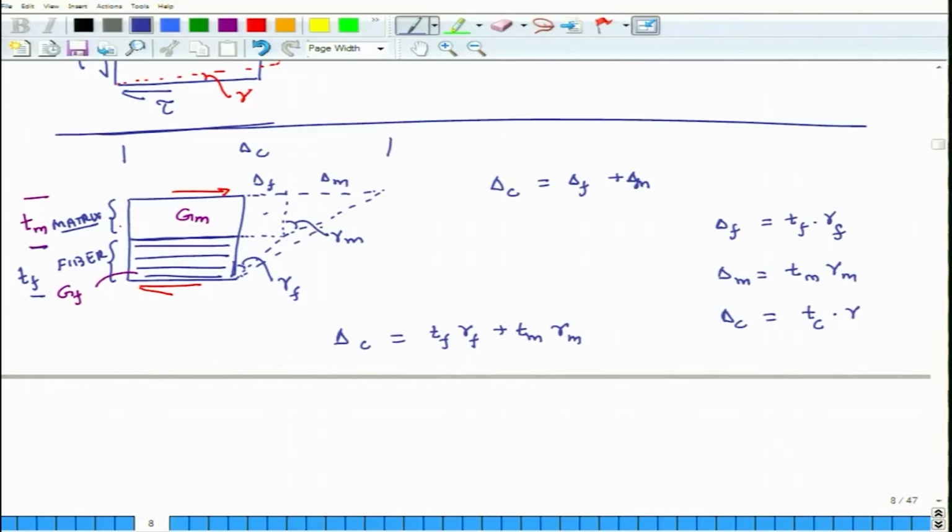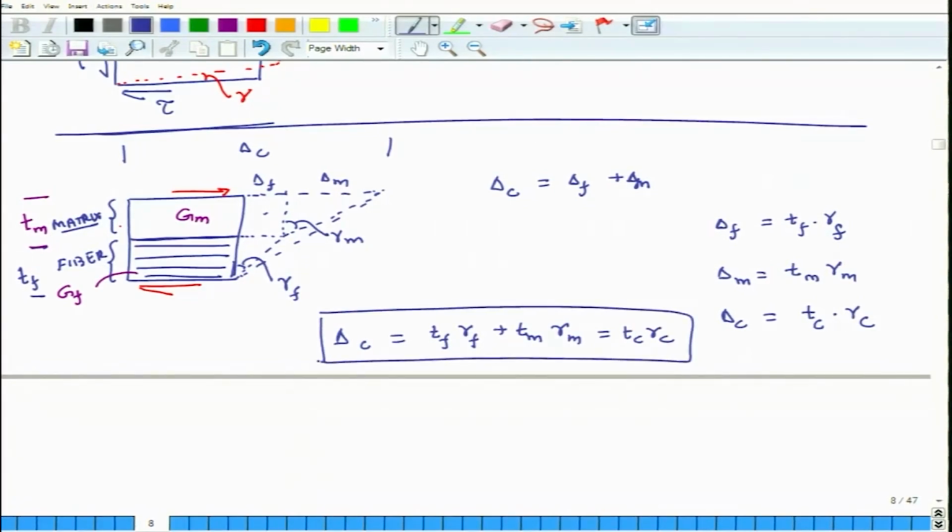This entire change in angle is gamma c. So, this is equal to Tc gamma c.